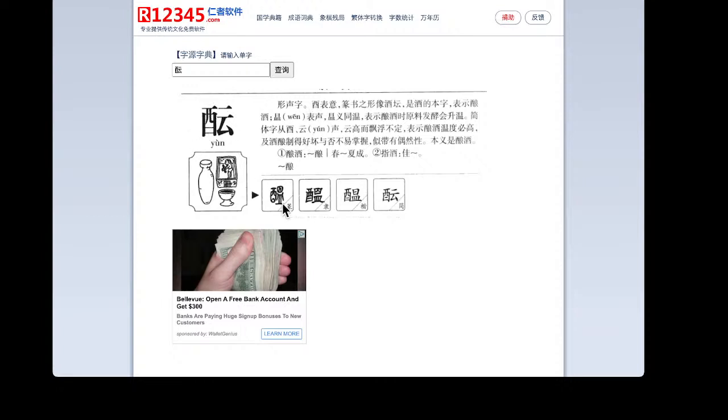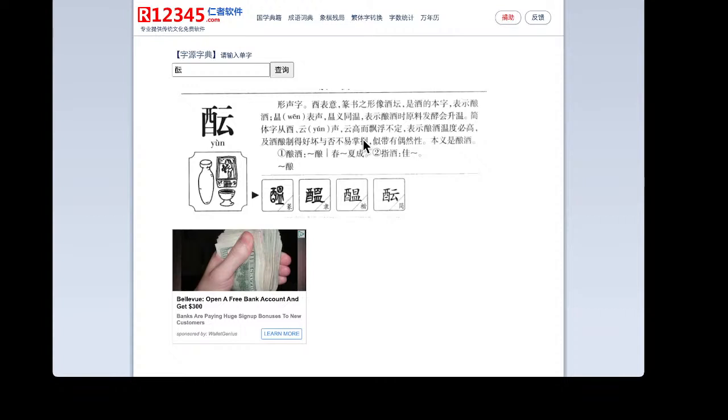On the right hand side is the original character, which has the character wen. Now wen has the meaning of warm. Because when you're making wine, the liquid will get warm. So that's why they use that character.